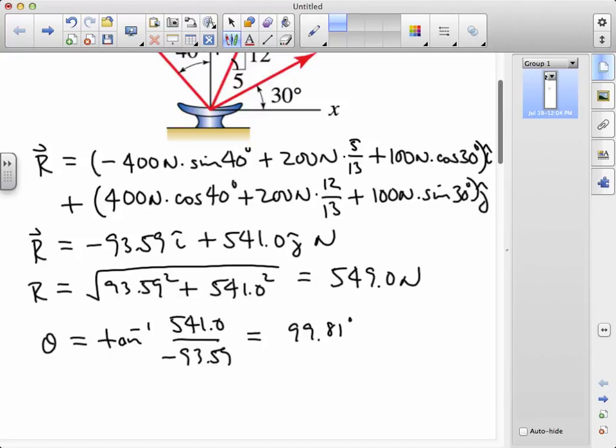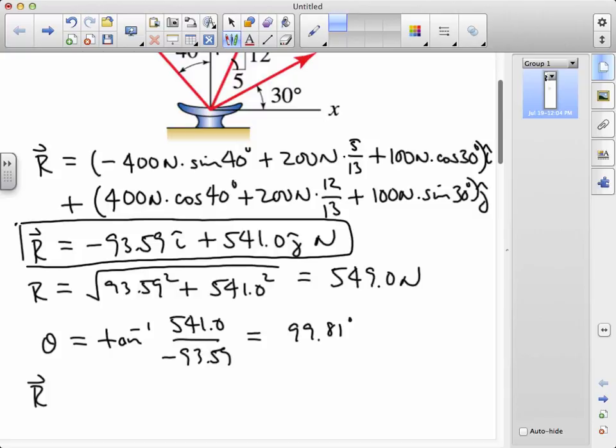So our final result, either in Cartesian components as shown here, or we could also say that it's equal to 549.0 newtons at an angle of 99.81 degrees counterclockwise off the x-axis.